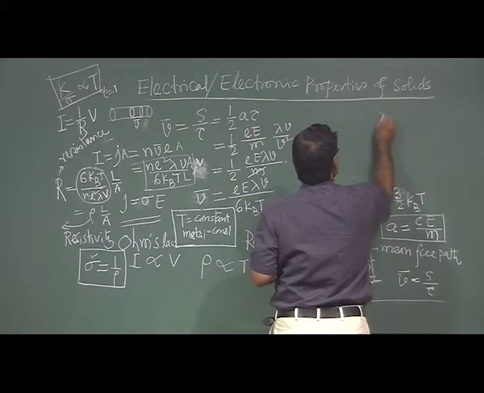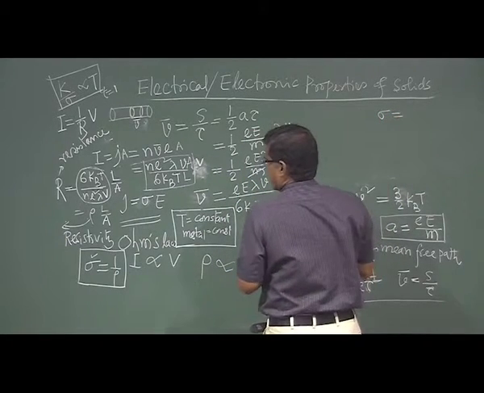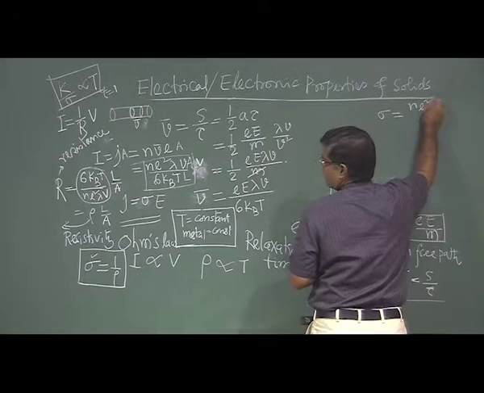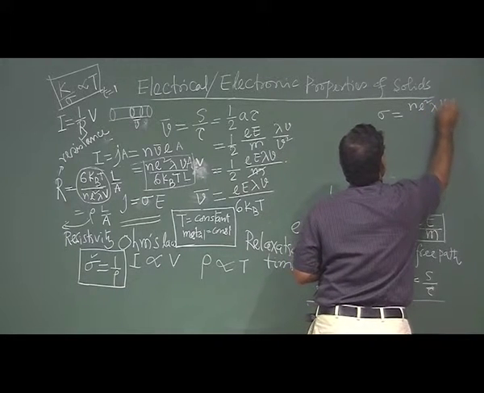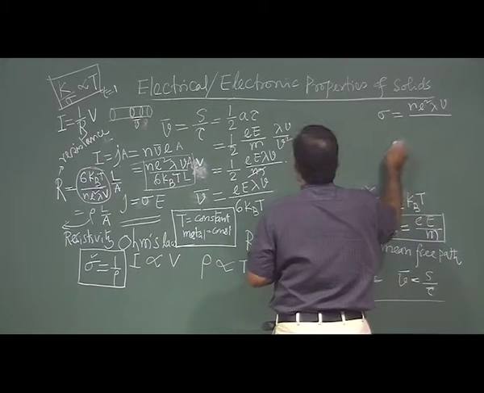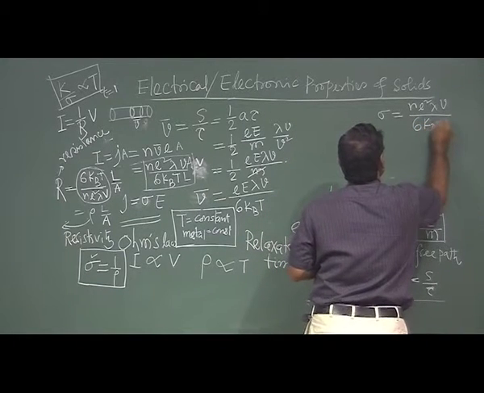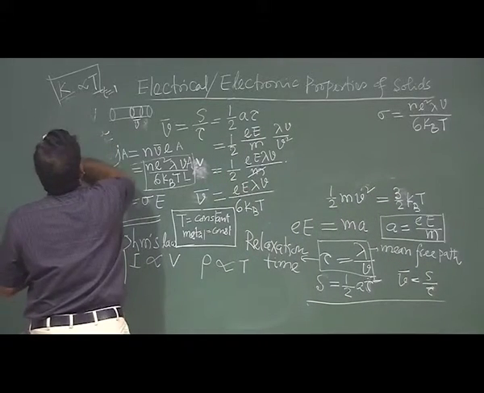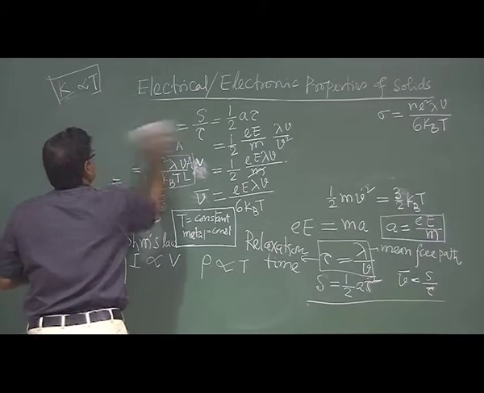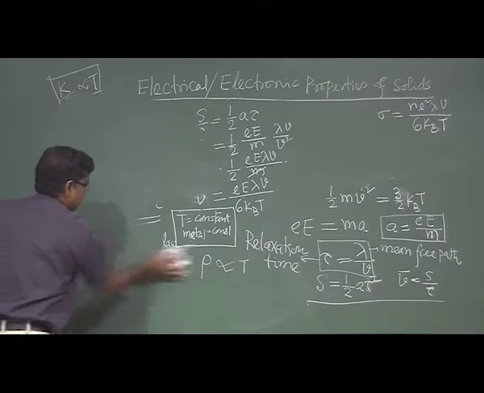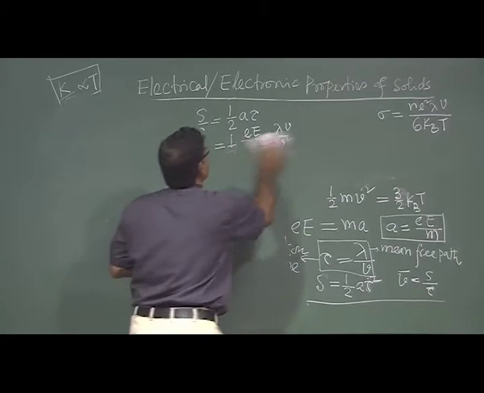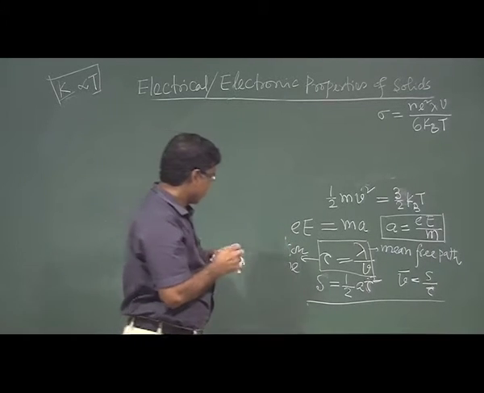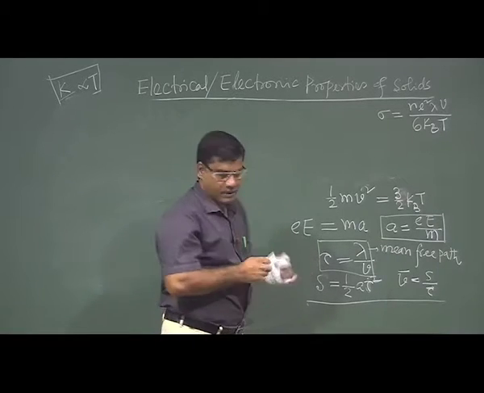So, sigma is n e square lambda v by 6 kB T, right. So, then I can use this expression.